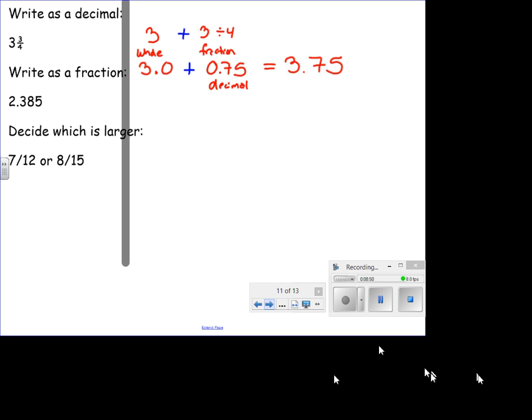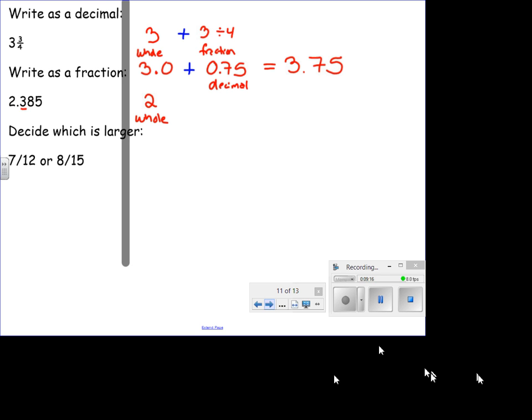Now, if I go backwards, 2.385, all right? That's not one that off the top of my head I know exactly what fraction it is. So I'm going to look at 2.385, and again, I know that 2 is my whole number. 0.385 really means 385 thousandths.